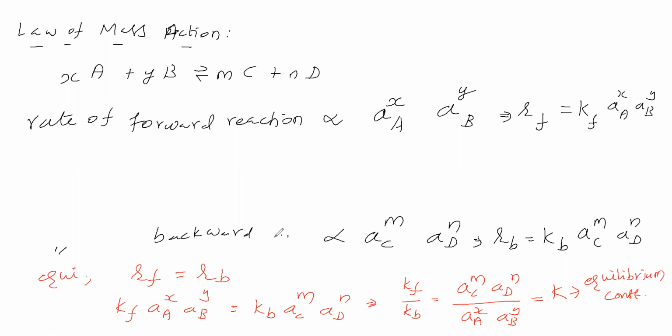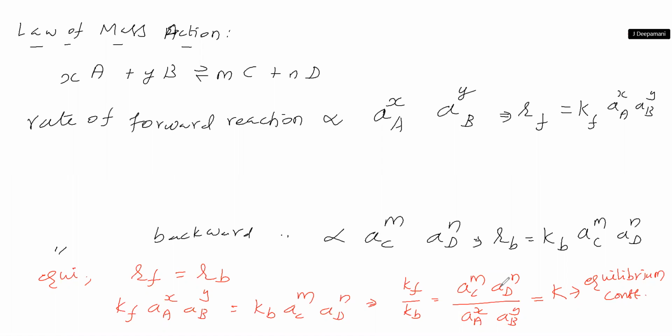Here, on the right side C and D are there, and you have to write them in the numerator. Whatever is there on the right side of the given equation, you write in the numerator for the equilibrium constant.